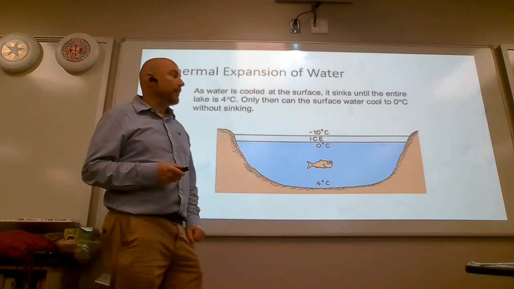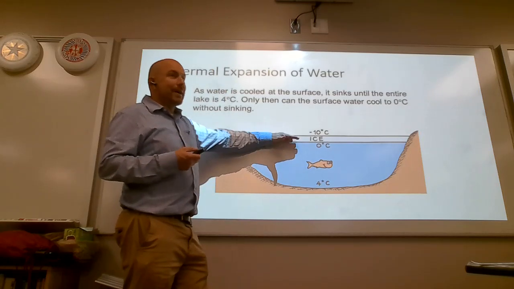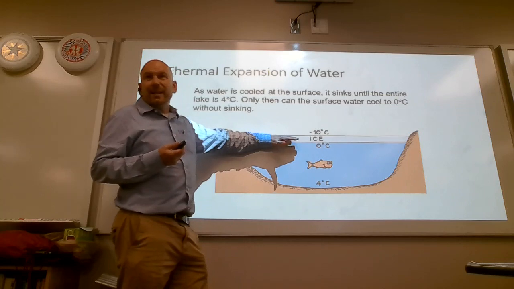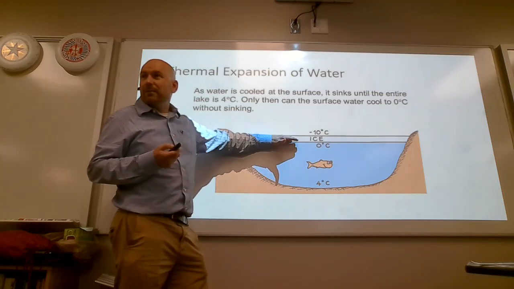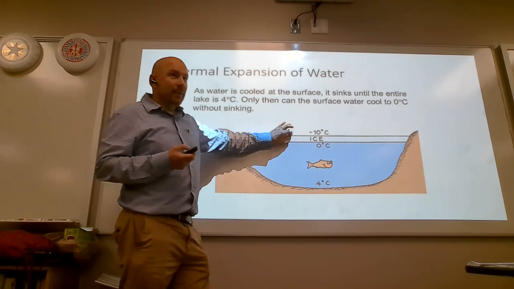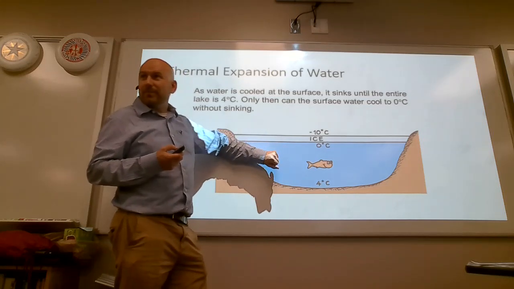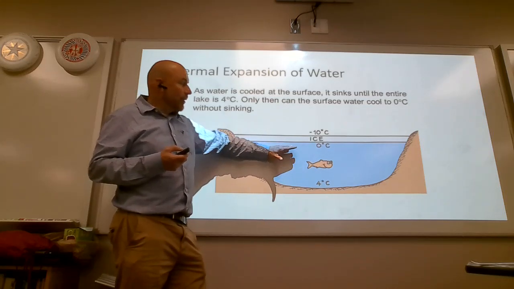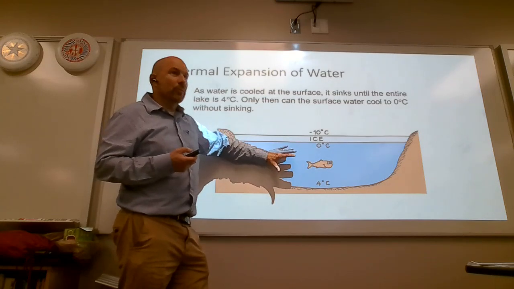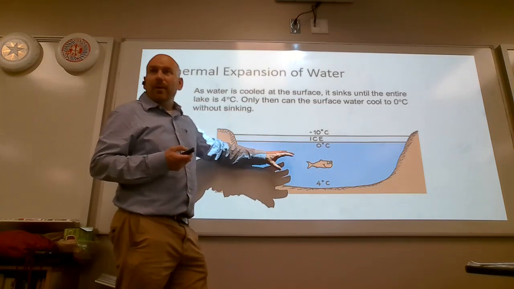But that ice naturally, because it's less dense, floats on the water, which provides a layer of insulation for the water below. So the ponds don't readily freeze solid.